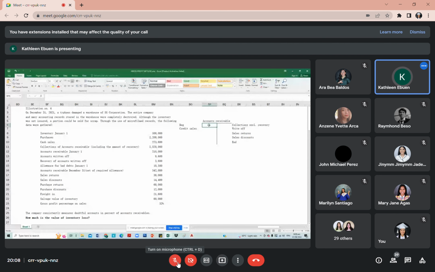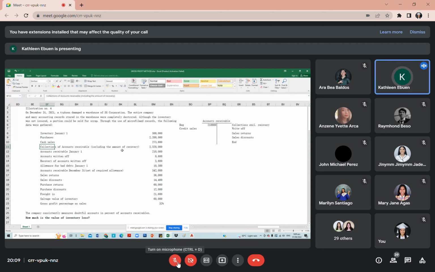Beginning AR, magkano? 210,000 po. Okay, 210,000. Credit sales, hahanapin natin class. Hindi binigay class kasi cash sales lang yung given. Collections excluding recovery. Magkano? $2,516,400 po. Okay, 2,516,400.